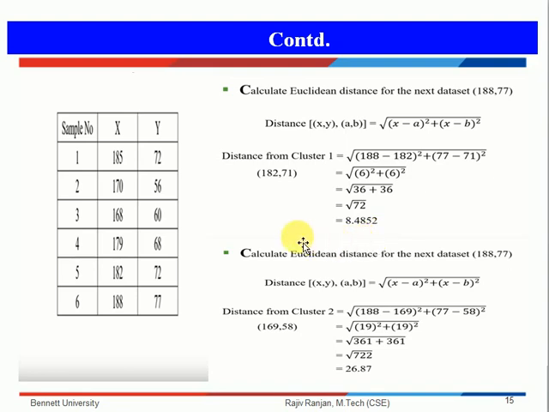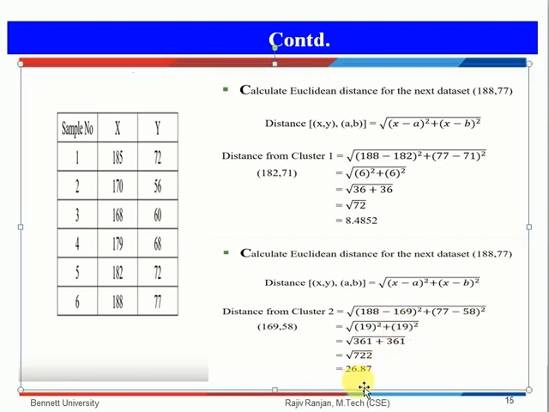Now similarly calculate the distance from cluster 2, where the updated centroid value is 169 and 58. So 188 minus 169 here, and 77 minus 58 here. Again we will get the value 26.87, right?